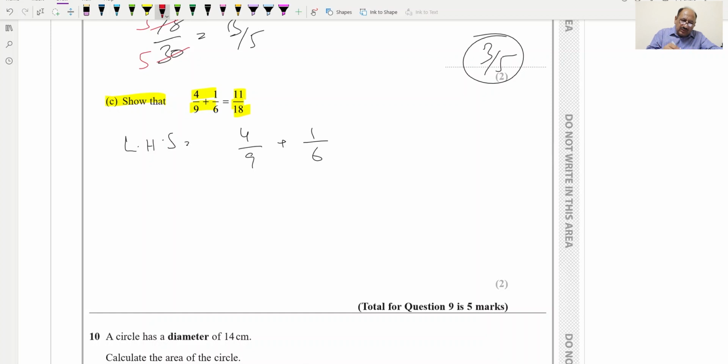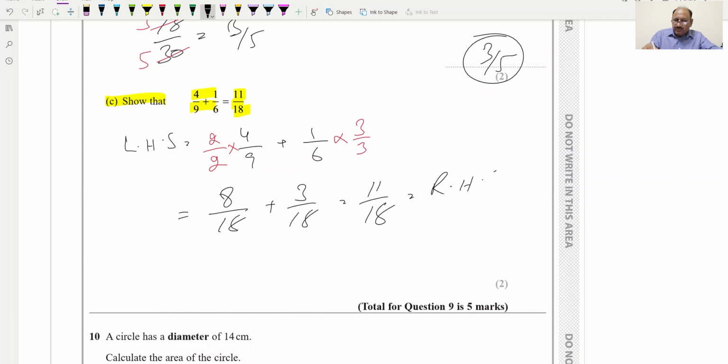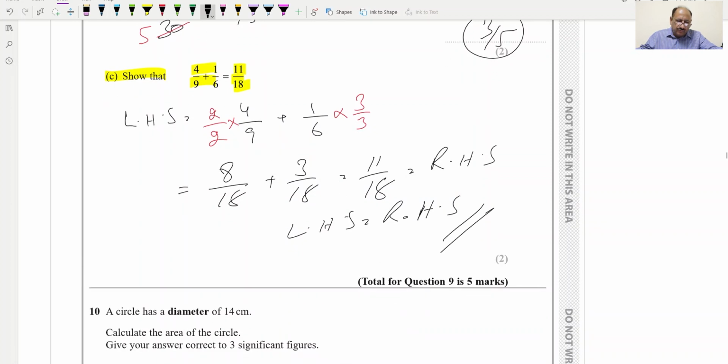Now to equalize the denominator, we will multiply this by 2, and this by 3, so 2 over 2 and 3 over 3, and we will be getting 8 over 18 plus 3 over 18, and this will be equal to 11 over 18, which is equal to the right hand side. So left hand side is equal to right hand side. This is how we can prove it for 2 marks.